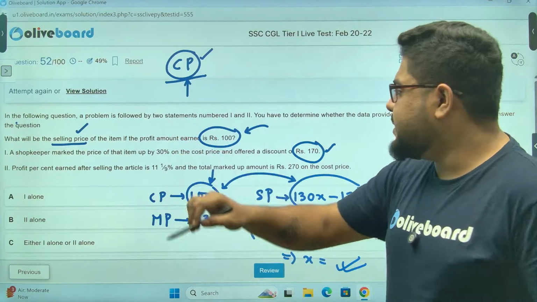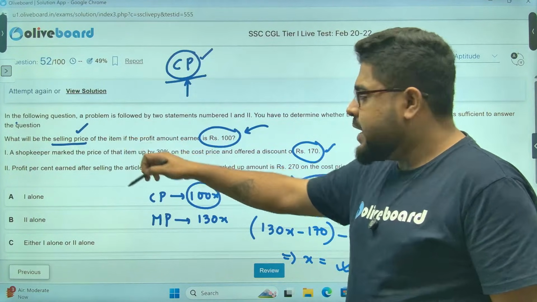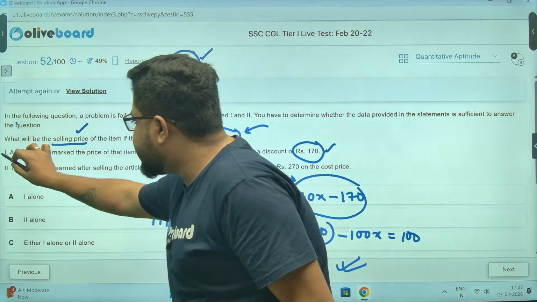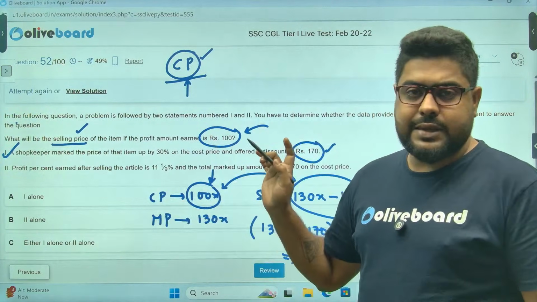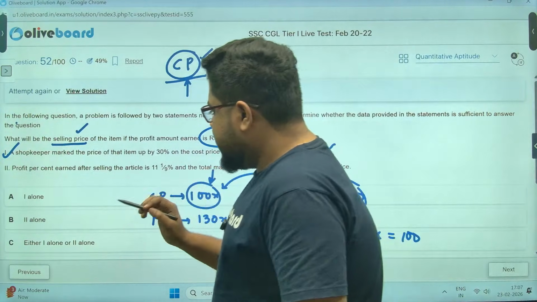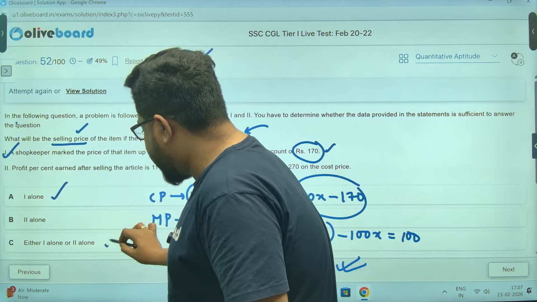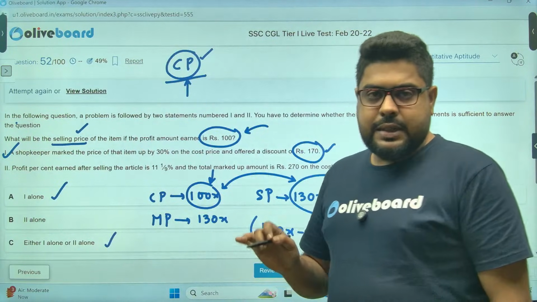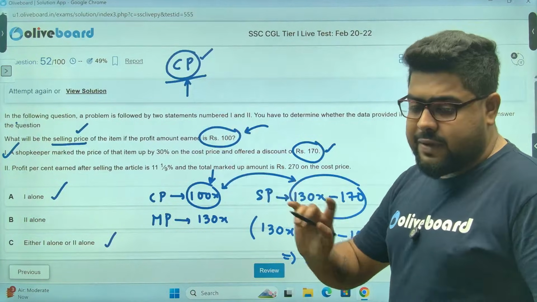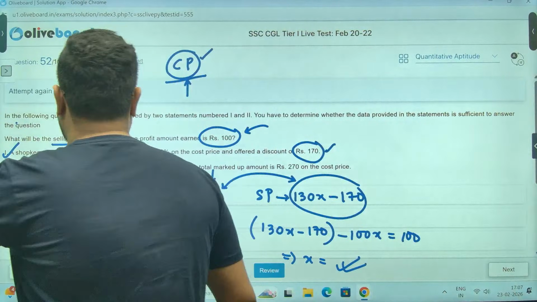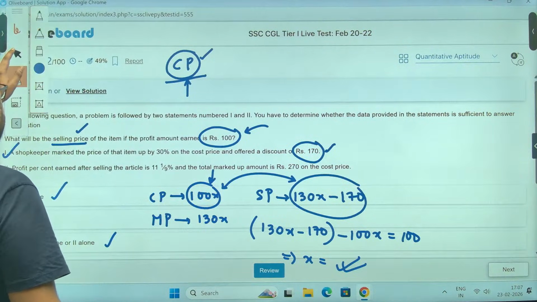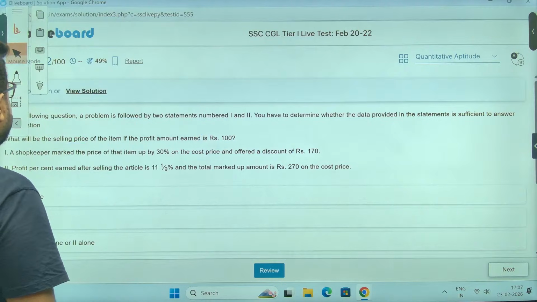And if I can find CP, I can surely find SP. That means the first statement is enough for us to find the answer at least. So my answer either can be option A or can be option C. This much I'm clear about. Still, we haven't been able to figure out the whole question. I have to check the second statement as well.